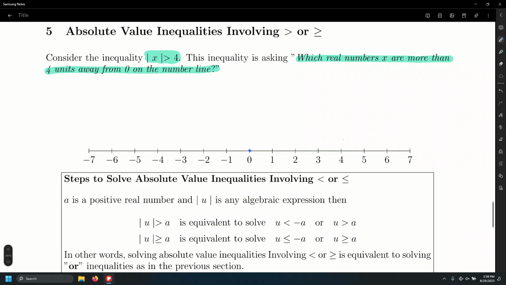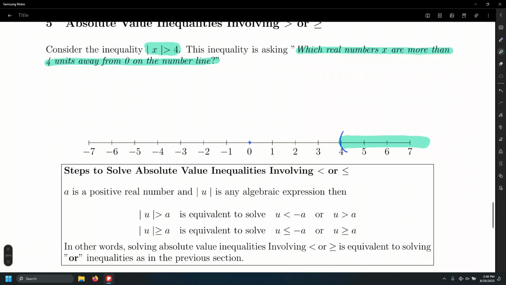Okay, so to represent that, we're going to use parentheses, and now we're going to keep going. How about 4.5, 5, 6, 7, 25, of course, right? All the numbers towards the right of 4, excluding the 4. And let me shade this, shading that interval of values.